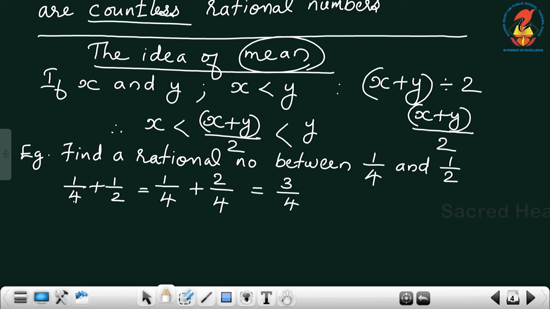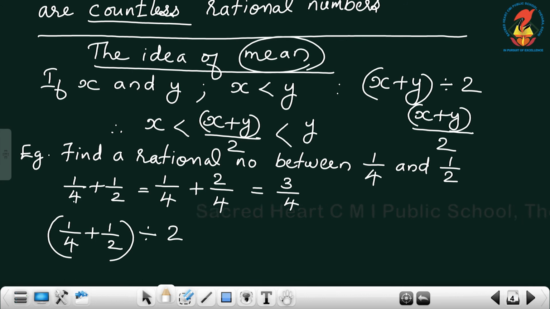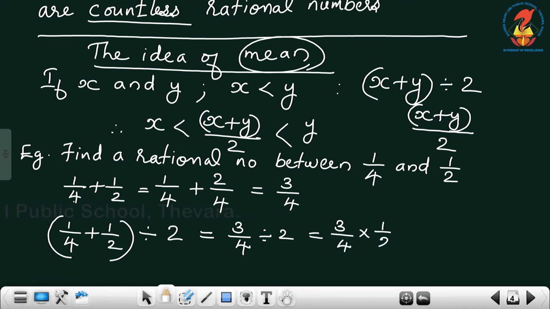Then what we have to do? We have to divide the sum by 2: 3 by 4 divided by 2. We can do it this way: 3 by 4 into 1 by 2, which is equal to 3 by 8.